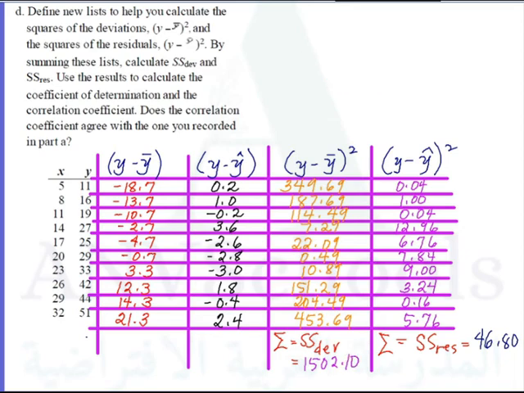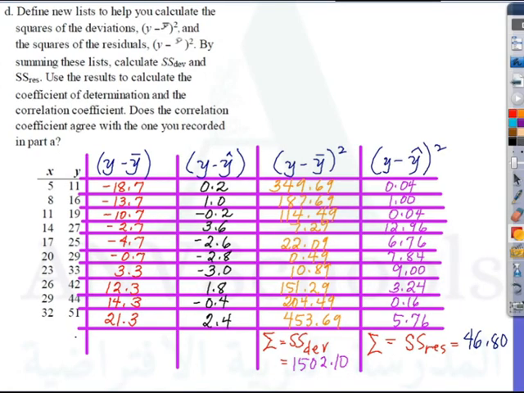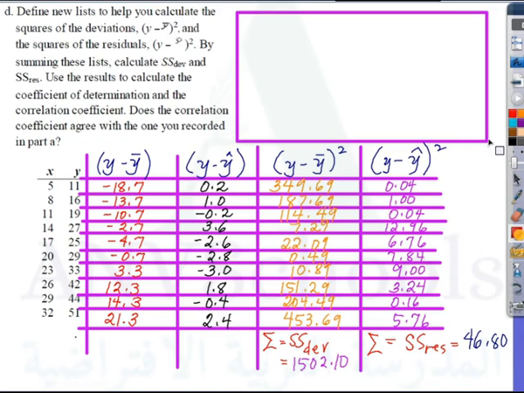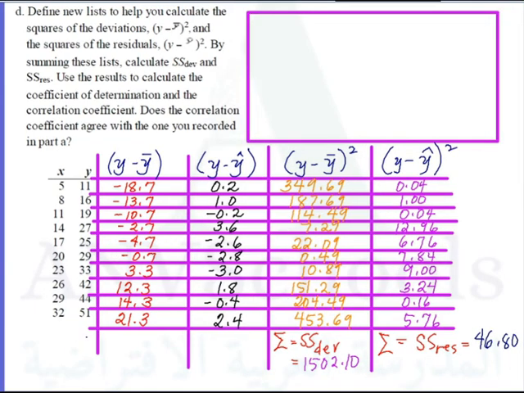Now we're going to solve for our coefficient of determination. And to solve for it, we need some space. We know that our SS dev is 1502.10. SS res is 46.80. So our R square is equal to SS dev minus SS res, divided by SS dev.